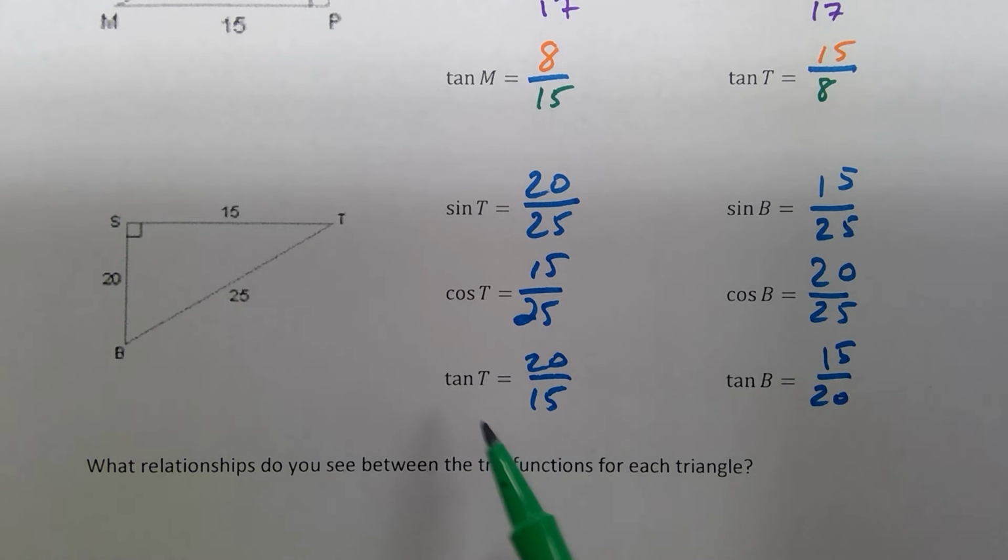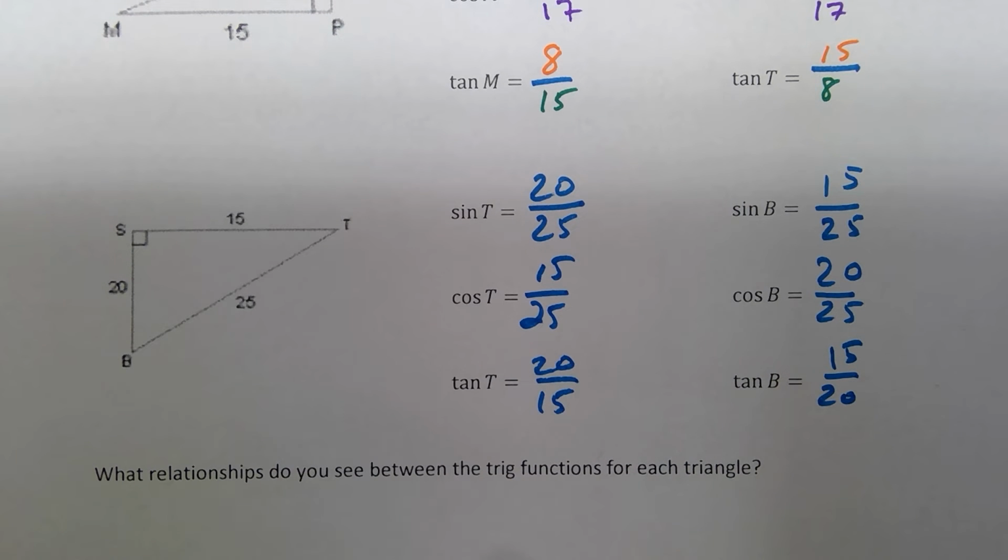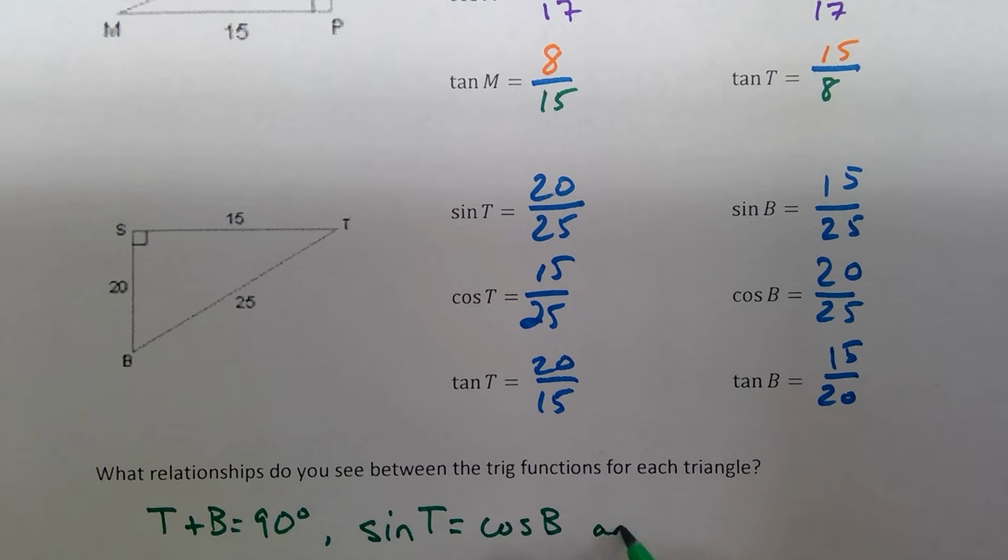So if we have sine, cosine, tangent of T, and sine, cosine, tangent of B, what we can say is that if T plus B equals 90 degrees, sine of T equals cosine of B, and cosine of T equals sine of B.